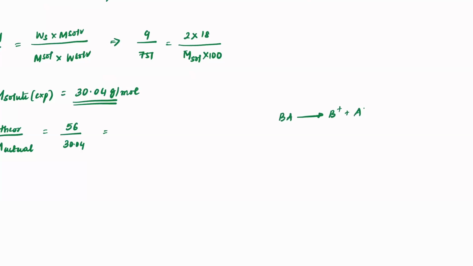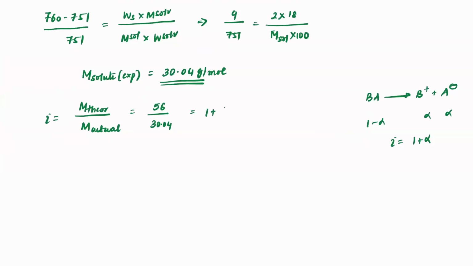So I can write this as 1 minus alpha, alpha, and alpha. So Van't Hoff factor will be 1 plus alpha. So alpha is equal to 56 by 30.04 minus 1. So this is coming out to be 0.86.